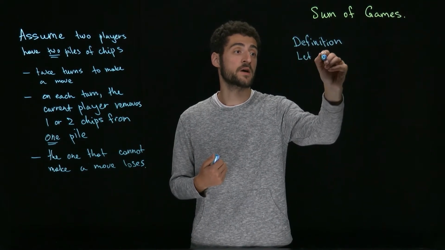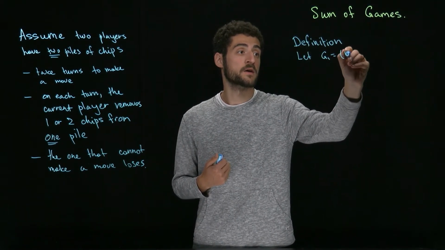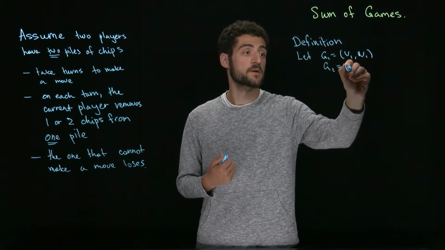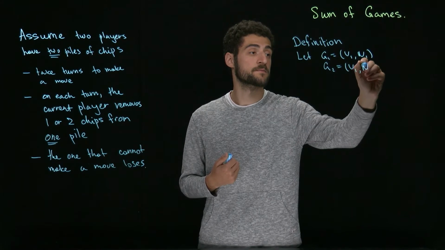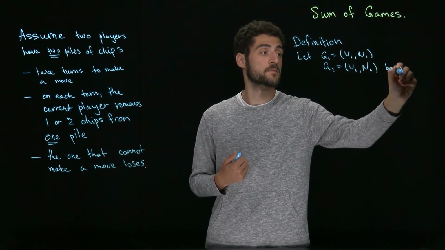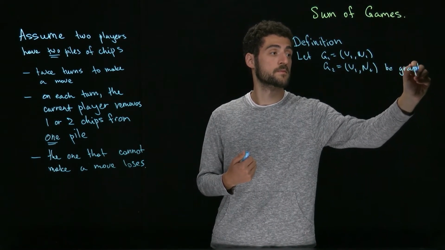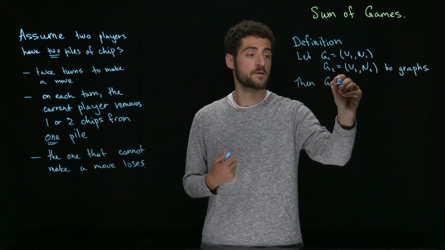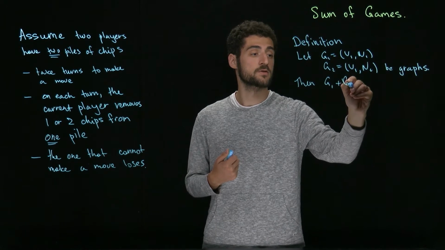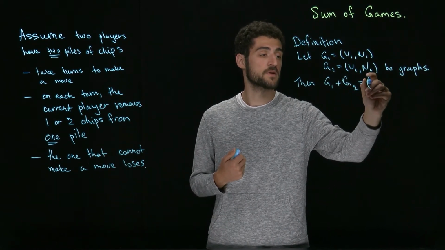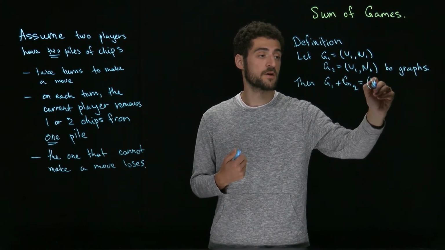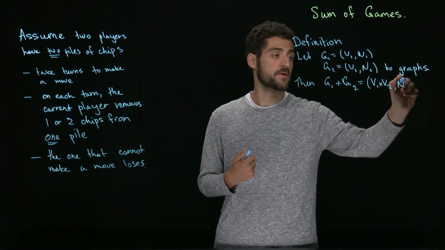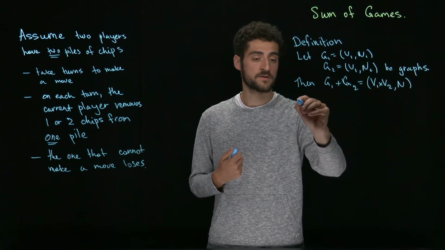So let G1 and G2 be two graphs, then G1 plus G2 is also a graph, so that the set of vertices of this graph is the Cartesian product of V1 and V2, and the neighboring function is defined as follows.